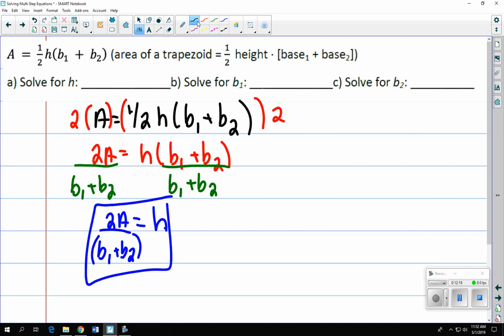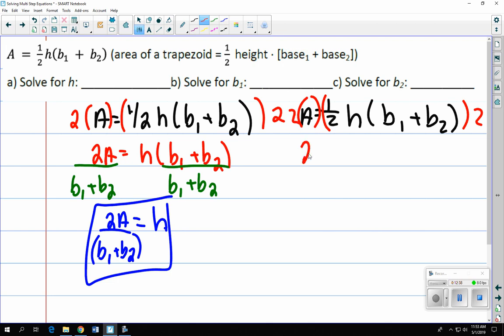Now, if I was solving for one of the bases, where the area is 1/2 times the height, b1 plus b2, I'll start off with, again, multiplying by the reciprocal of that fraction of 2. So I'm going to get 2a is equal to h times b1 plus b2.